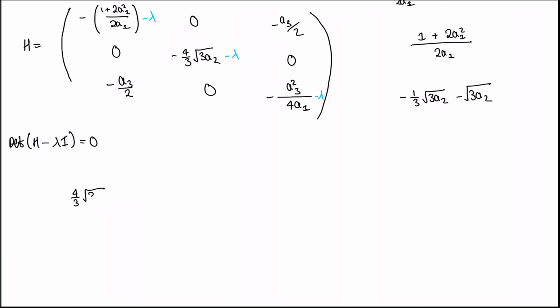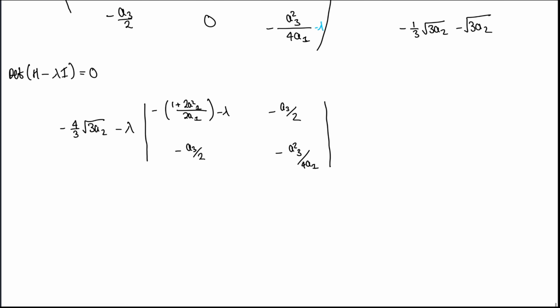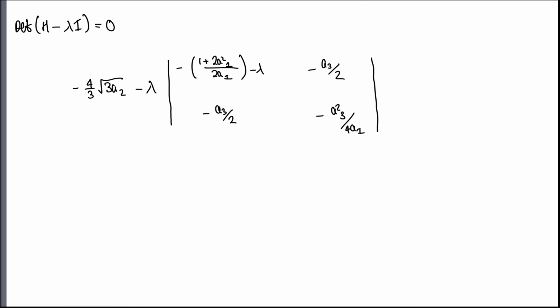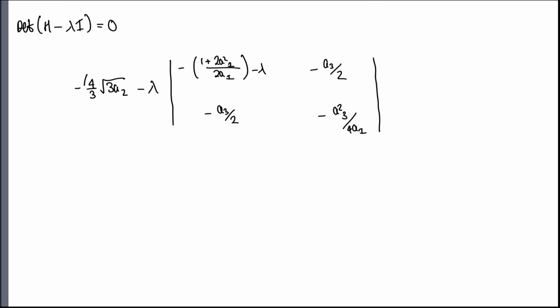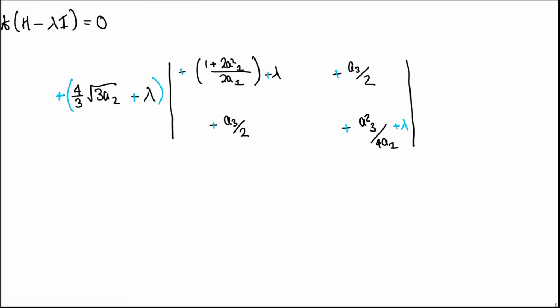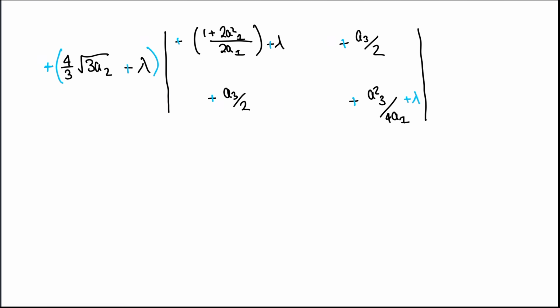So if we work out the determinant using the second row, we get this. What we can do is times everything by a minus. So if I take out the minus of this bracket and then times everything by this said minus, everything will become positive, so we get positive lambda there. We get this.